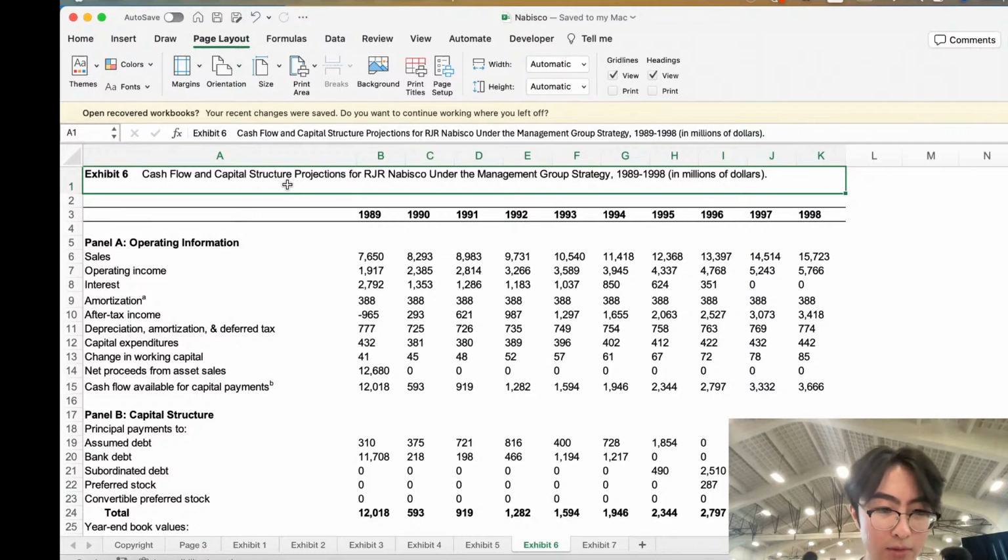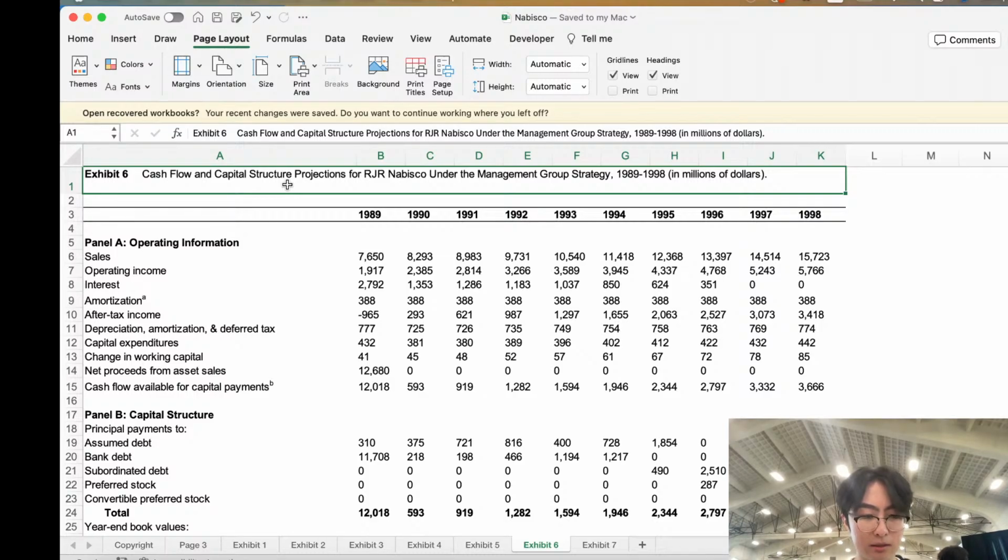So cost of equity. How do we get the cost of equity? I think what we need to do is take the risk-free rate, beta, and then multiply by the market risk premium. I think the unlevered beta we were given is 0.7. So use cap M for unlevered.